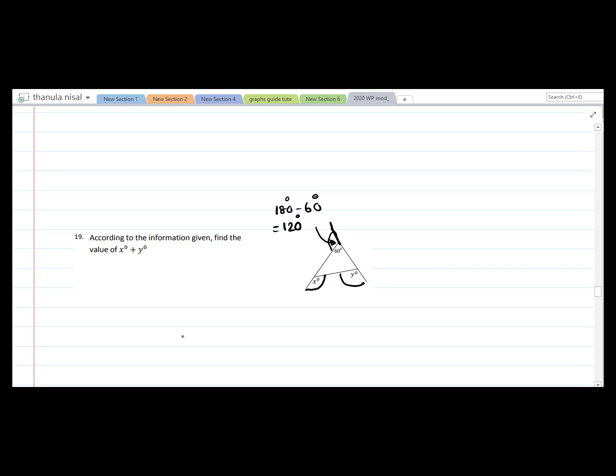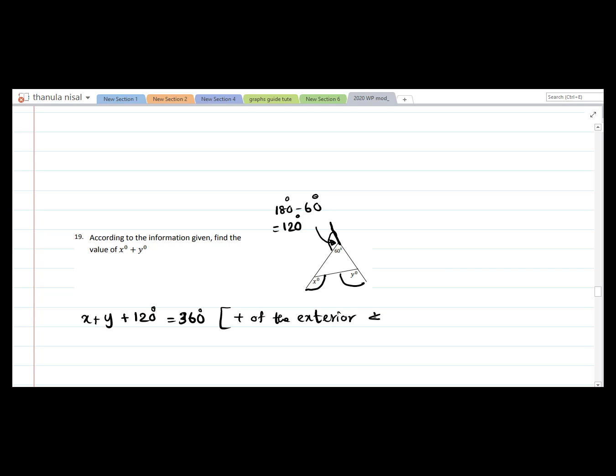In a triangle, in a quadrilateral, in a hexagon, in a pentagon, in a heptagon, in a nonagon, anyone, the sum of the exterior angles must be 360. Therefore x plus y plus 120 must be 360.